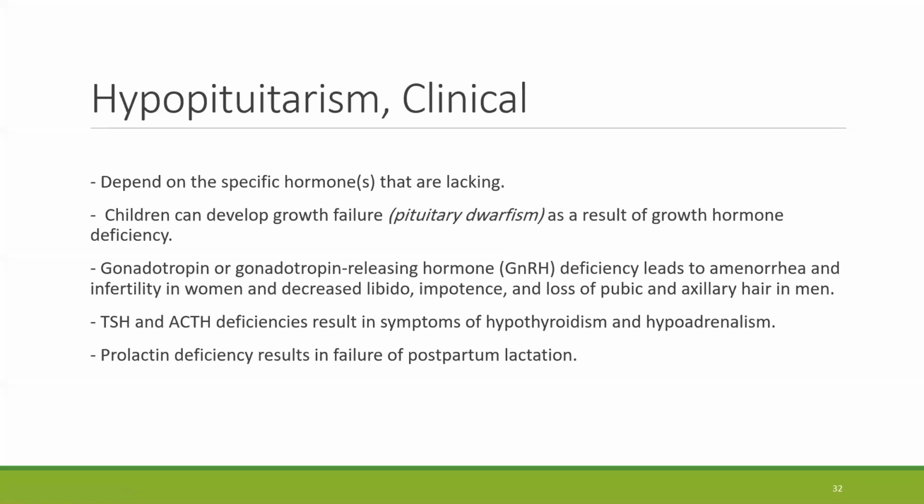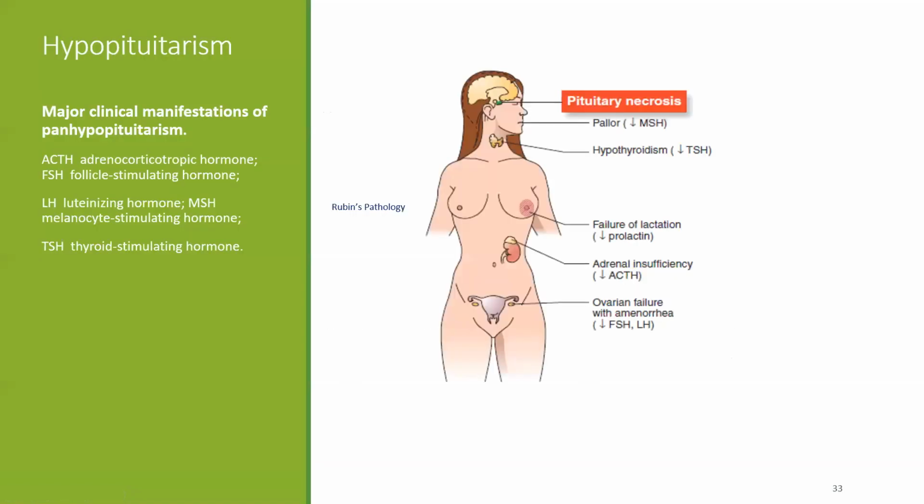If we have prolactin deficiency, we have failure of postpartum lactation. Hypo TSH and ACTH, of course, lead to hypothyroidism and hypoadrenalism. So it depends on the affected hormone.